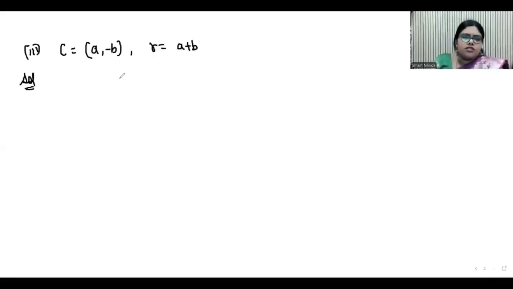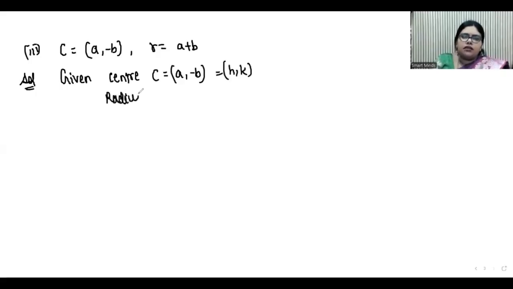Take the next question. Center is a comma minus b. Radius is a plus b. So we'll write what is given to us. Given center C is equal to a comma minus b. Take this as h comma k. And radius r is equal to a plus b.